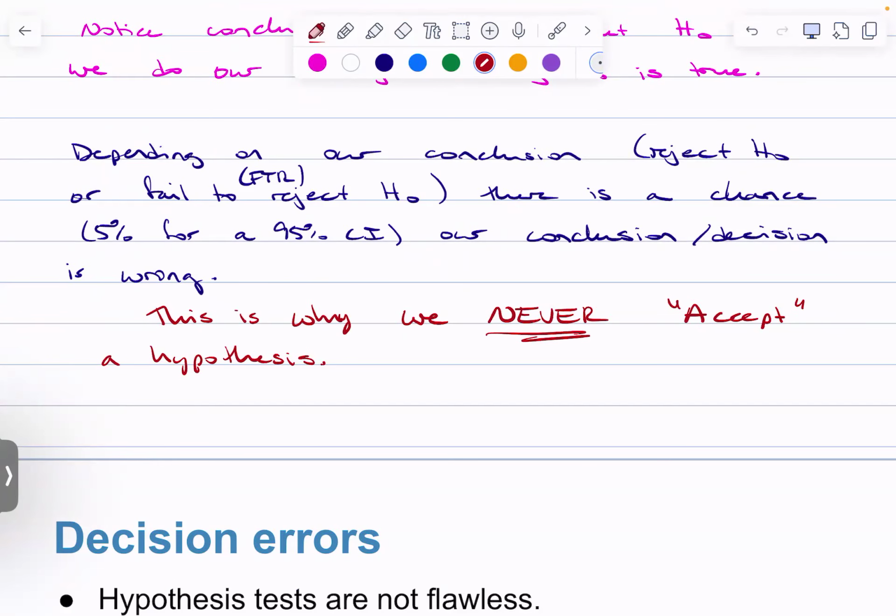I will take marks off if you tell me that you accept a hypothesis, because like I said, it ignores that 5% chance, which we need to recognize, right? That I could be wrong. I'm basing everything off of a sample, and despite my best efforts, the sample could just be a weird sample, right? And so we always have to recognize that.